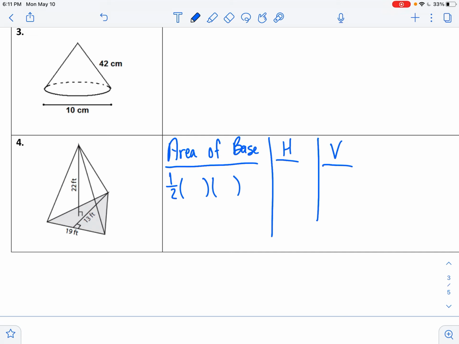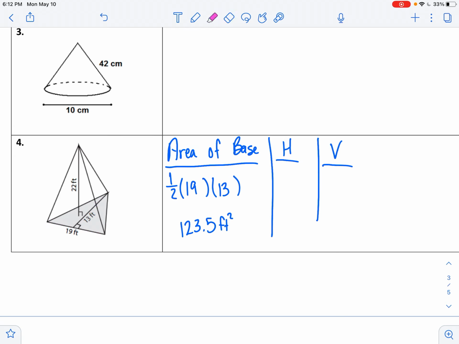The base of this triangle and the height will make a right angle. So the base and the height are 19 and 13. So I'll do 1/2 times 19 times 13 to get 123.5 square feet.